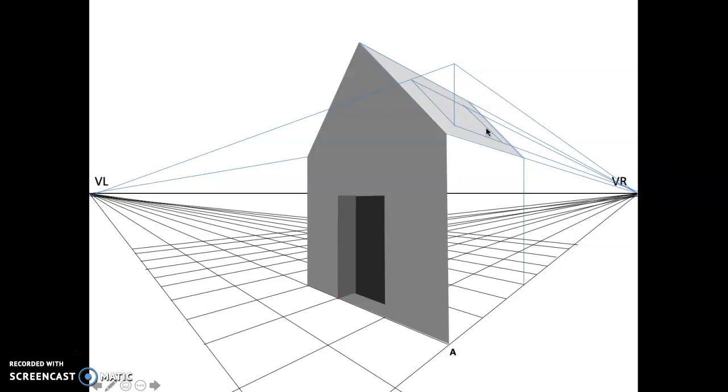I choose a distance a bit less than this part because it's further away. I just estimated it and made it somewhat parallel with the line we already have here, the roof line. And then finally we could draw another horizontal line from VL, and now we have determined the length of the dormer. Another line down or up from there to there, and that's the structure of a dormer.